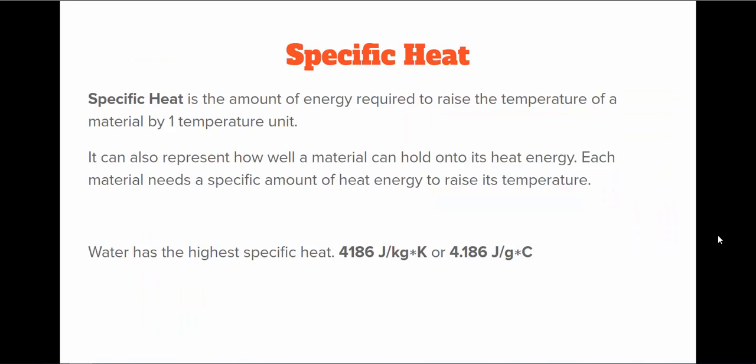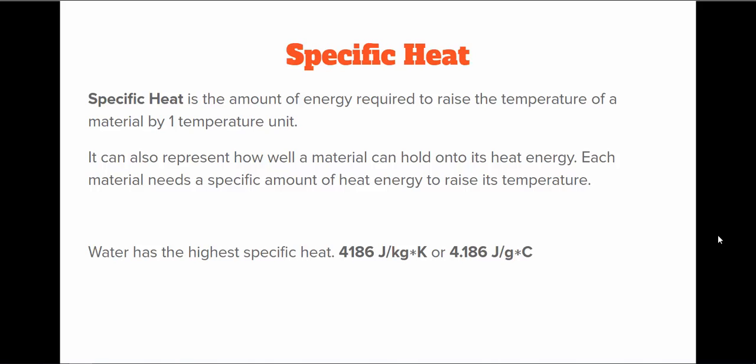Specific heat, this is pretty close to where we ended, so I'm going to pick up here. Specific heat is the amount of energy required to raise the temperature of a material by 1 temperature unit. Because of that definition, we can have different numbers depending on what you're looking at. Every particular material has a different specific heat because it's made of different molecules.